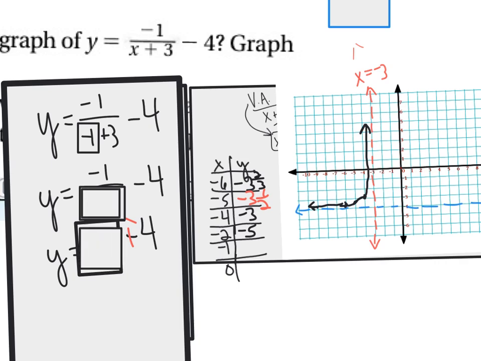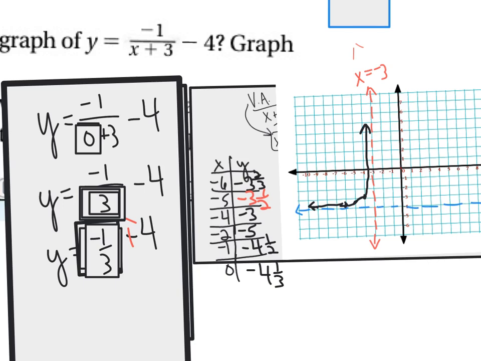So -1 plus 3 is 2. We've got then negative 1/2 plus negative 4. That'd be the same as negative 4.5. And then finally, if we put in a 0, that would be negative 1/3. So negative 1/3 plus negative 4 would be negative 4 1/3.